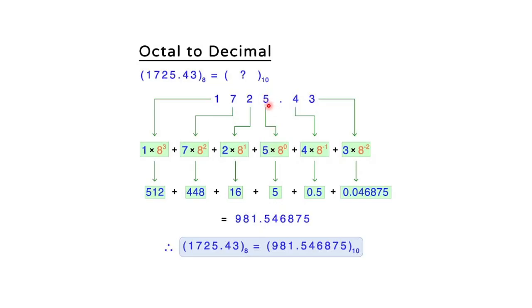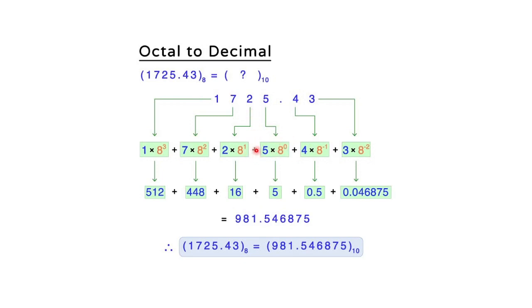In the first position, the first digit is 5, so we multiply 5 by 8 to the power 0. Why? Because the current base is 8, not the converted base. The current base is 8, so 8 to the power 0.